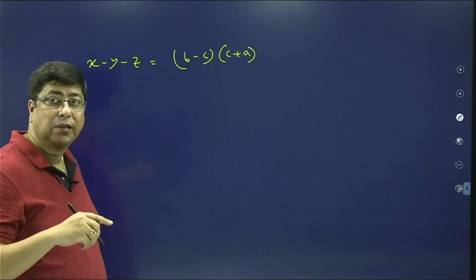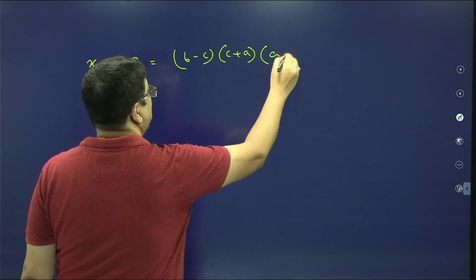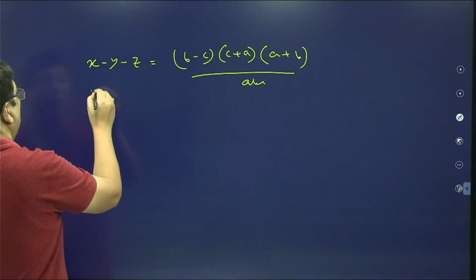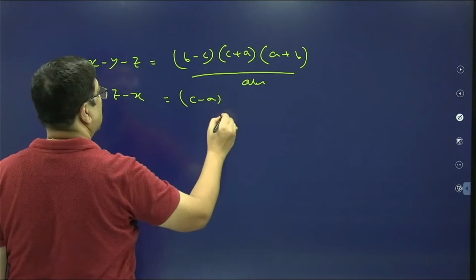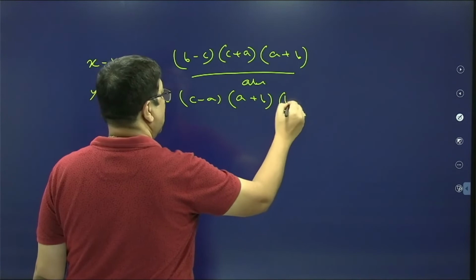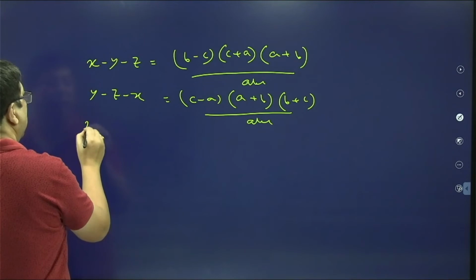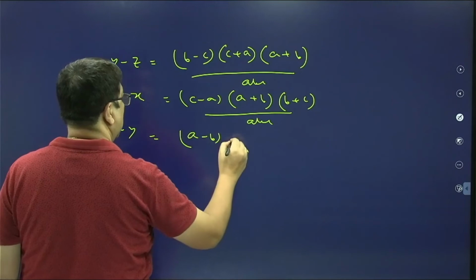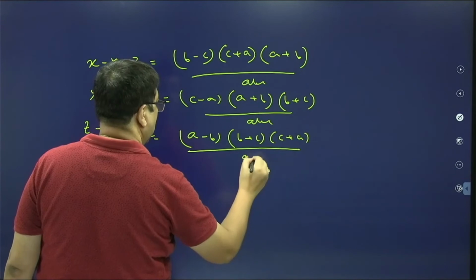Similarly, from the previous calculation, a plus b by abc, and y minus z minus x equal to c minus a into a plus b into b plus c by ABC, and z minus x minus y equal to a minus b into b plus c into c plus a by ABC.